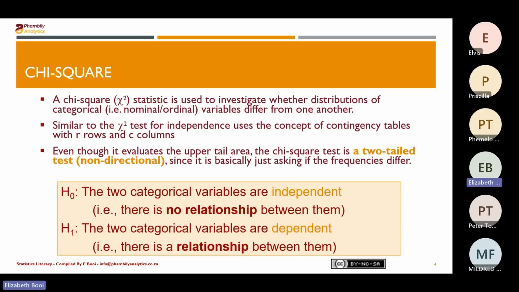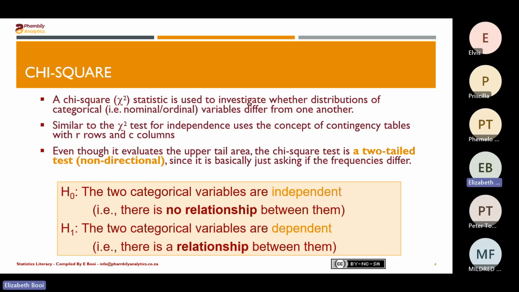In your module, like I said, we're only going to concentrate on the chi-square test for independence, which uses the contingency table. In case they ask you in the exam, you need to know that a chi-square test is a two-tailed test, but we only look at the area of rejection on the upper tail.